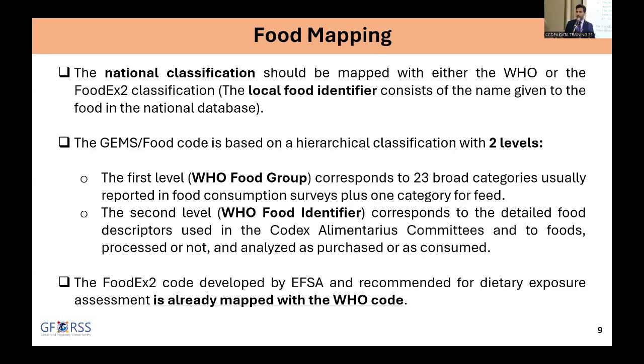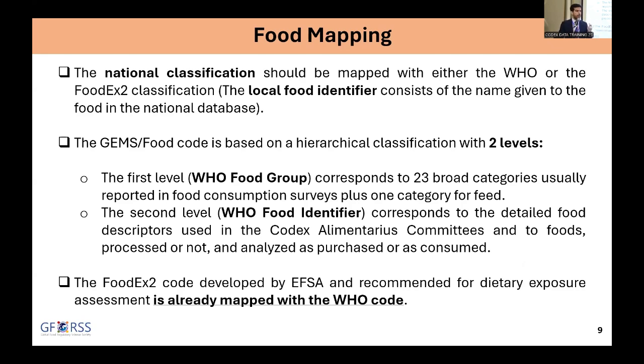As you can imagine, it's very important to classify and to give the needed information related to our food commodity, because all our assessment afterwards will rely on the understanding of my food commodity. And then I will have to link it with its consumption, etc.